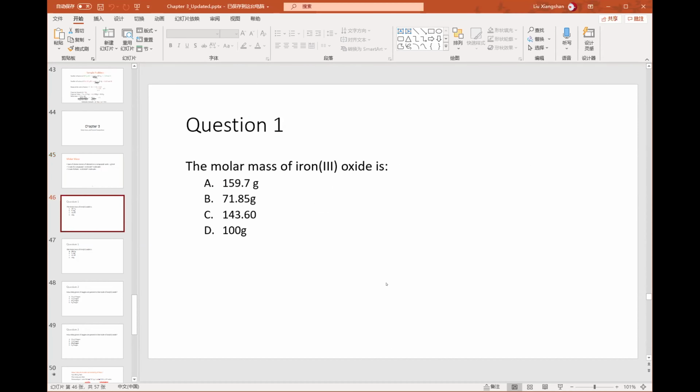And then question 1. What's the molar mass of iron oxide?